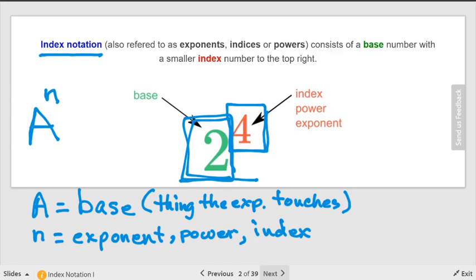In other words, they have to be right next to each other, side by side. Could an exponent be separated from its base by another number? Could it be separated by a letter? Could it be separated by a multiplication symbol or any other operation? No. They have to be touching, right next to each other, or it's not the base.